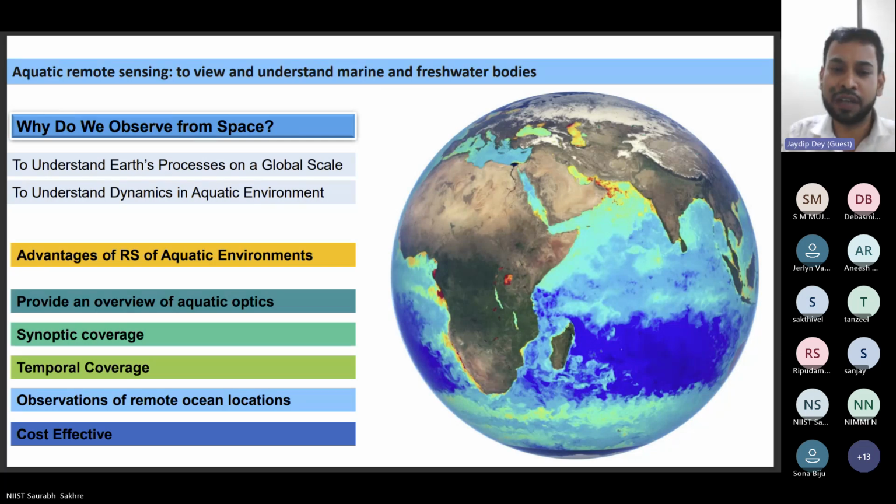So there are several advantages of using this technology in aquatic ecosystems, because it provides an overview of aquatic optics, it provides synoptic coverage, there is temporal coverage also, and it allows us to collect data from remote locations where we cannot go directly. And it's a cost-effective technology also.